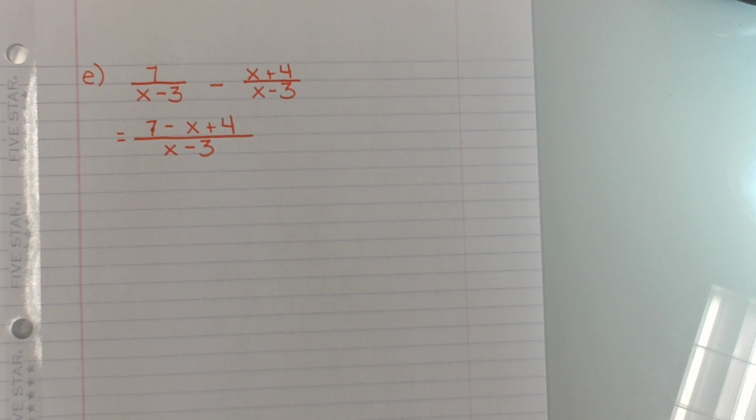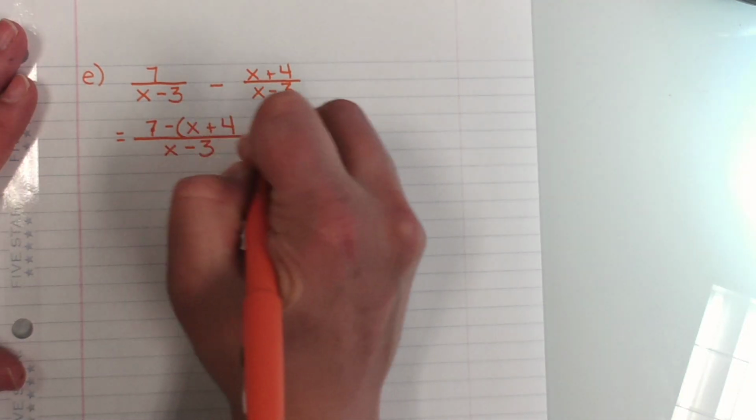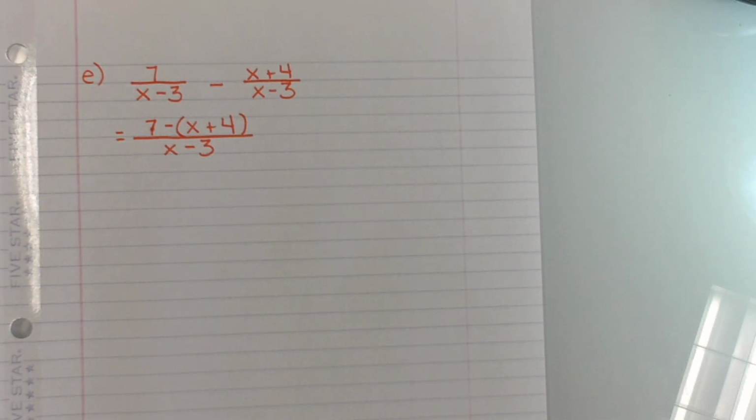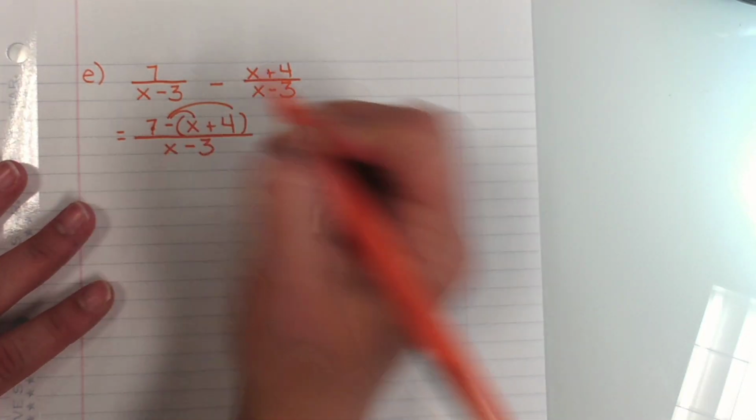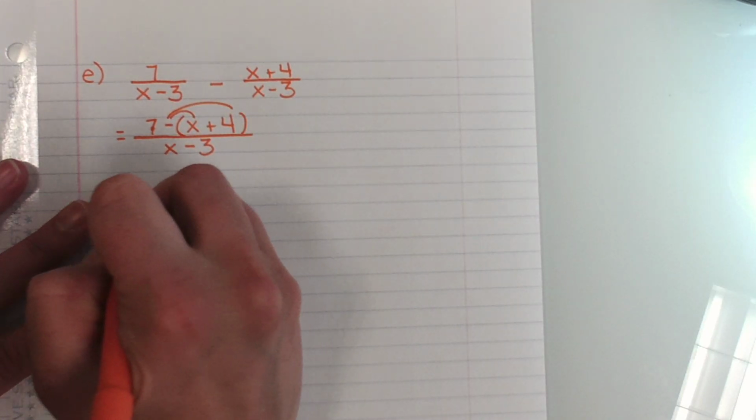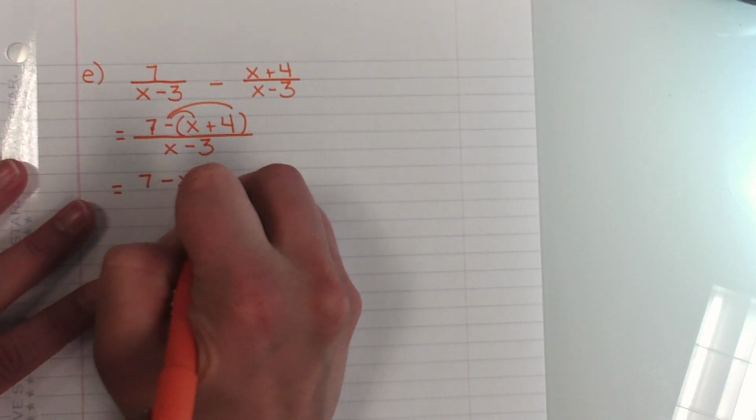Are we not distributing the minus anymore? I was about to say, is what I wrote down correct? No, it's not. If you are subtracting something that has addition or subtraction in it, in that numerator, it needs to go in parentheses. You need to distribute that negative. If you haven't figured out by now, sometimes I do that on purpose.